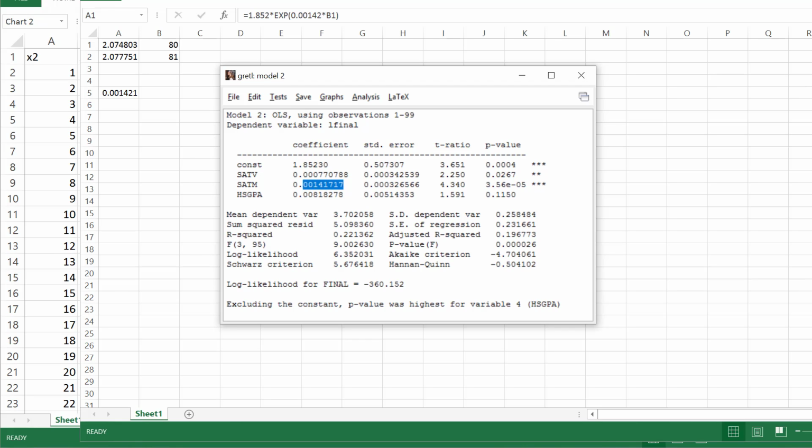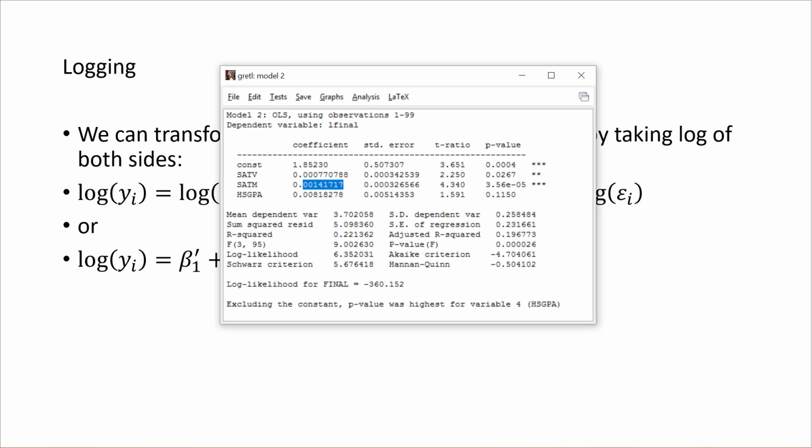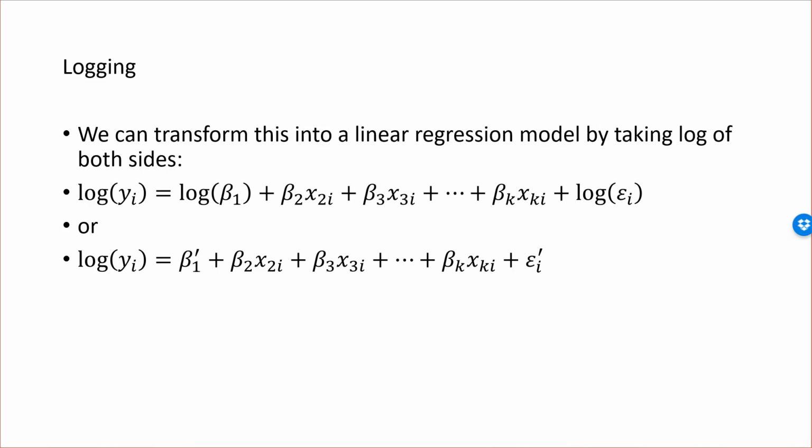So let's try to figure out why we have this interpretation of beta. Let's use a simple function to begin with. y equals a e to the b times x. The percentage change in y is delta y over y, the change in y over the starting value of y.